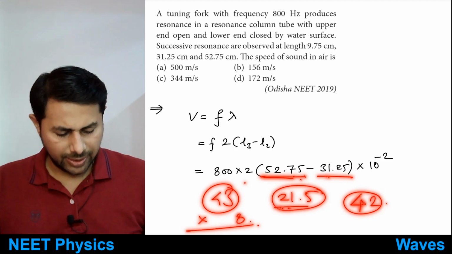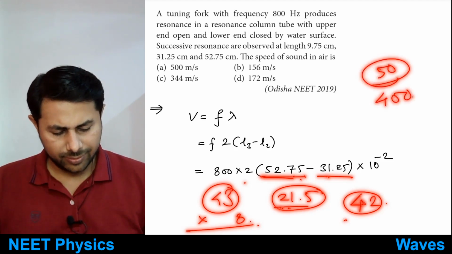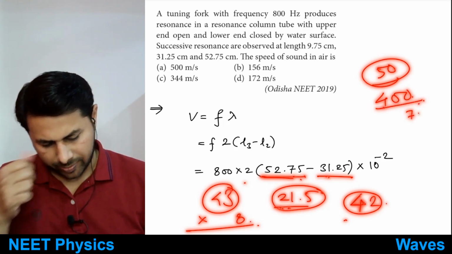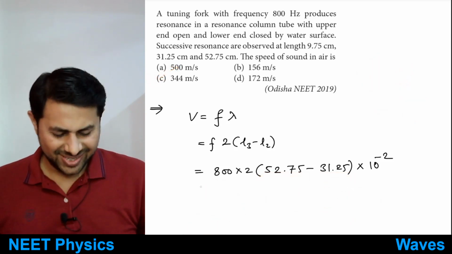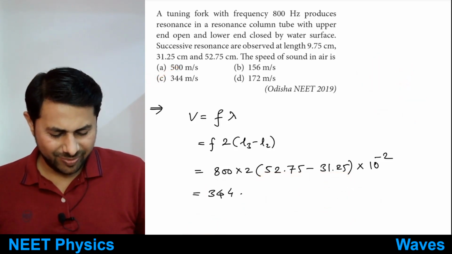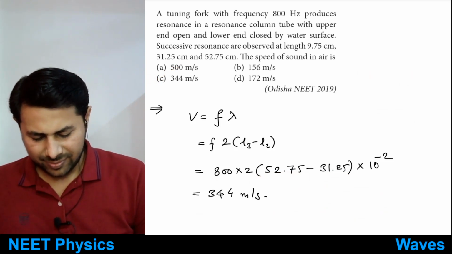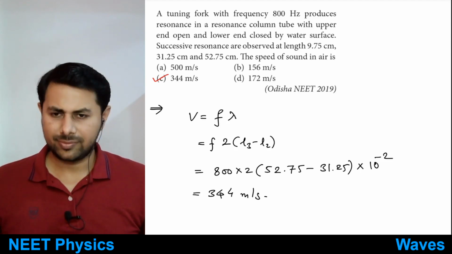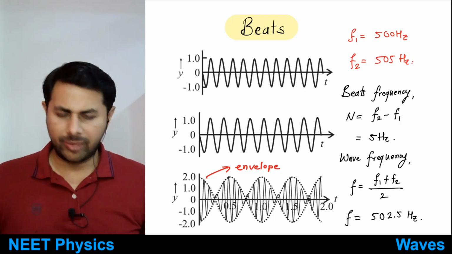Okay, find it out. 50 times 8 will give me 400, right? 400 minus 7 8 is 56, yeah, 344, right? 344 meters per second. That's the answer. Okay, this is clear. All right, so next let's talk about the beats.